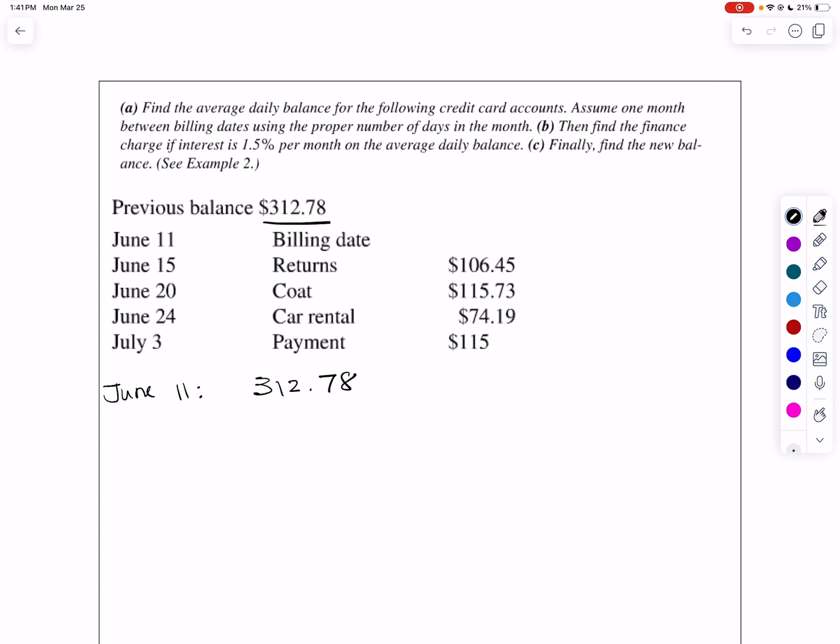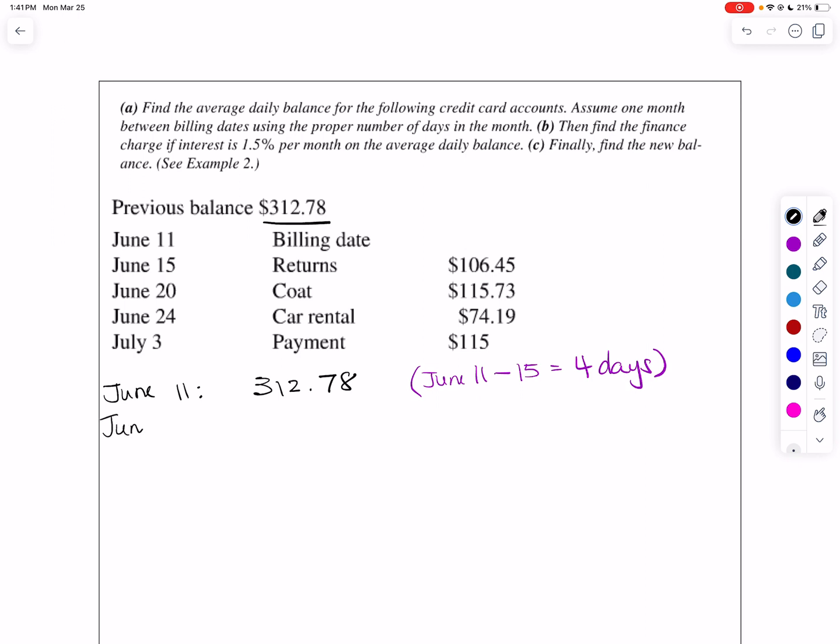That is in the account until June 15th when something happens. So we want to think to ourselves, June 11th to the first transaction, which would be the 15th, is 4 days. And that number is going to be important when we get to the calculations, okay?